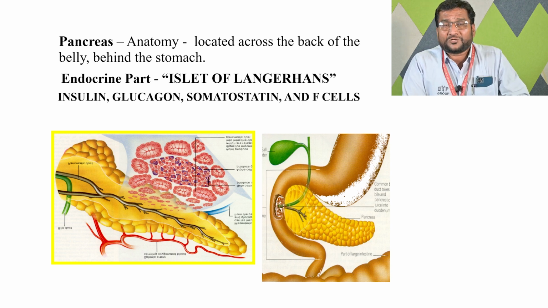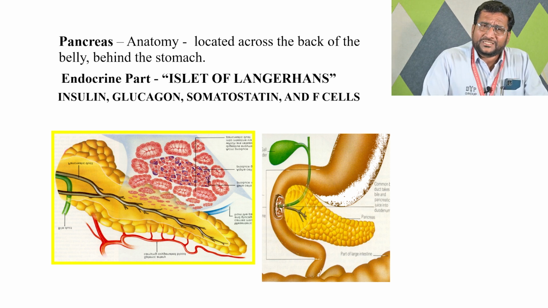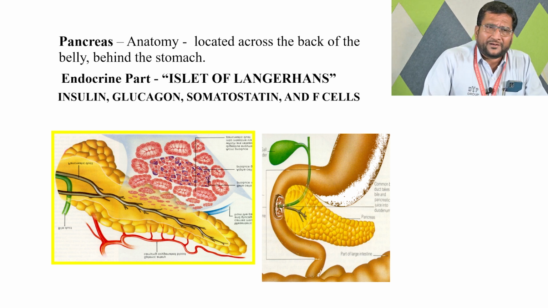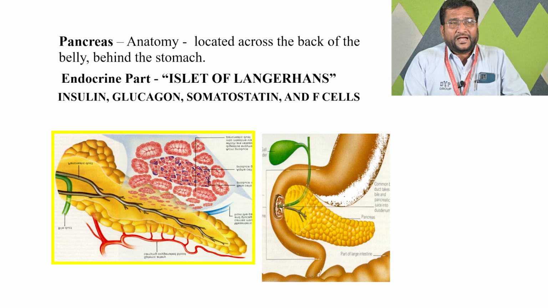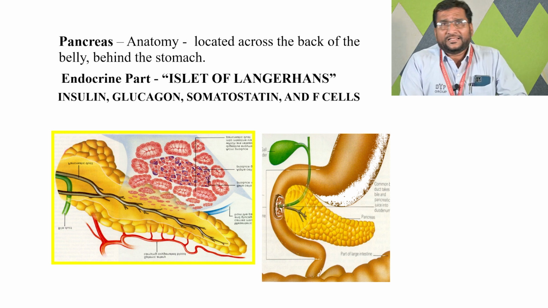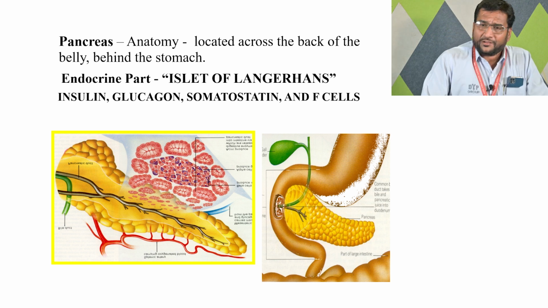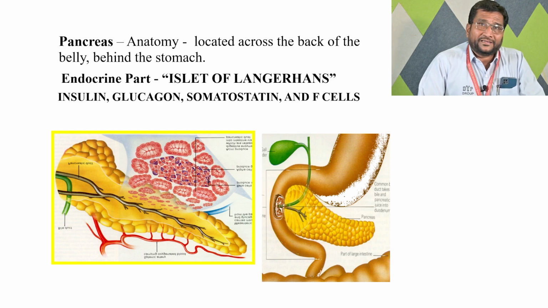The exocrine portion constitutes 95% of the pancreas, its basic unit is the acinus, and its main role is in digestion. The endocrine pancreas constitutes only 5%, and that part is called the islets of Langerhans. The pancreatic islet is the basic functional unit of the endocrine portion of the pancreas.